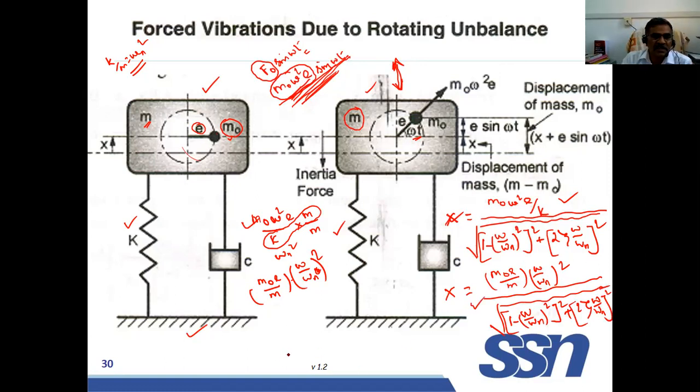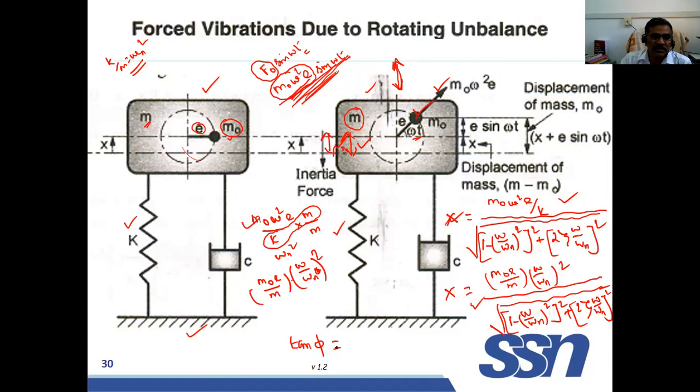Similarly, we have the equation for tan phi. What is phi? This is the phase angle difference between the forcing function and the vibration. The vibration takes place along this direction, and the rotating mass will have a forcing function. The time or angle delay between this forcing function and the displacement is phi.